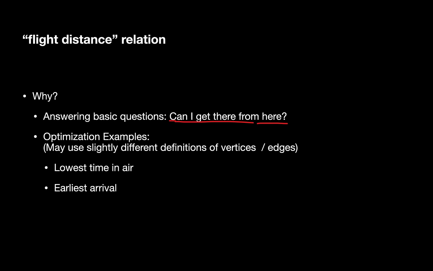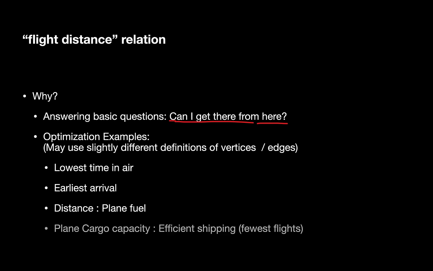They may actually be related to arrival times instead. We maybe want to minimize the overall distance, which would correspond to plane fuel. Maybe we're actually focused on cargo capacity instead. Maybe we've got to ship a lot of packages from one place to another rapidly, so we're using air freight. And we want to use as few flights as possible.